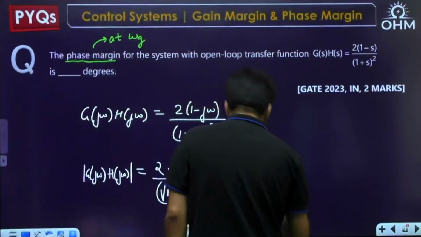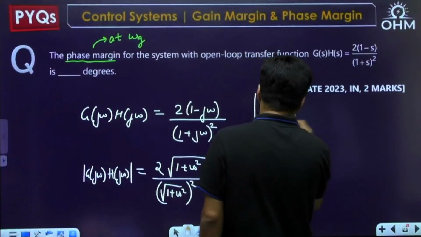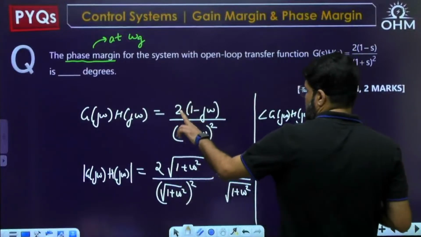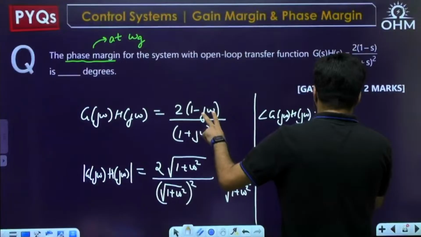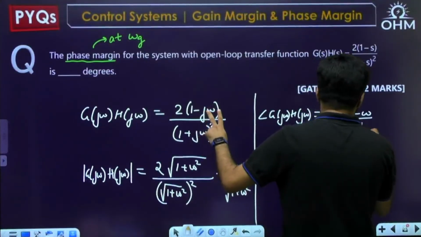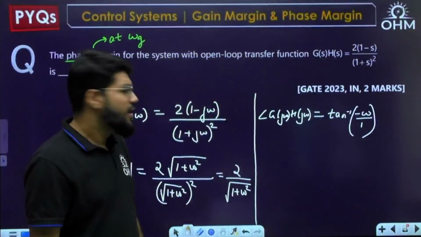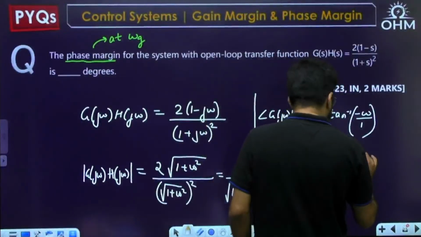Okay, and what is the phase function? What is angle G(j omega)H(j omega)? Let us write down the angle also. Numerator 2 is a real number. Come to this one: tan inverse imaginary part by real part, so tan inverse of minus omega by 1. And then denominator: whenever you have a denominator term, phase is subtracted.